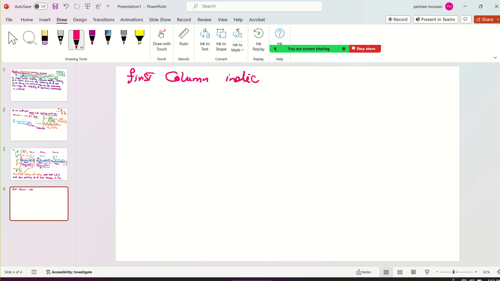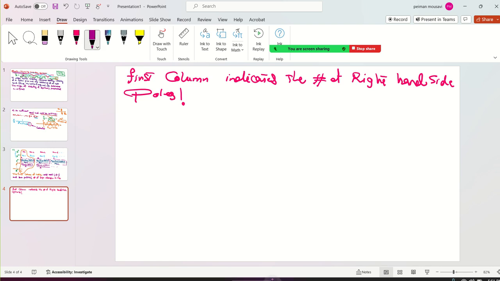indicates the number of right hand poles. This is very interesting. Right hand side poles. Why is this important? Because now you know it.